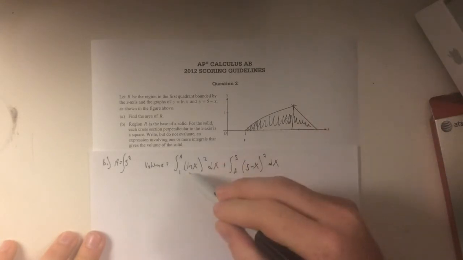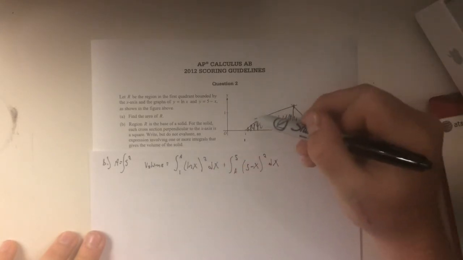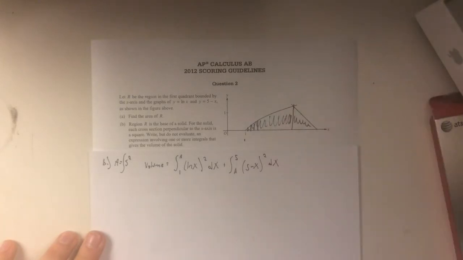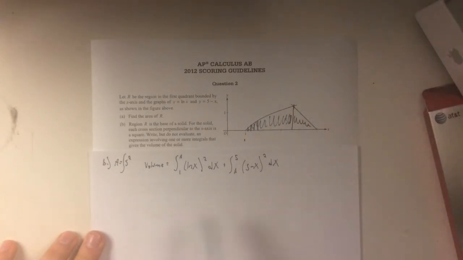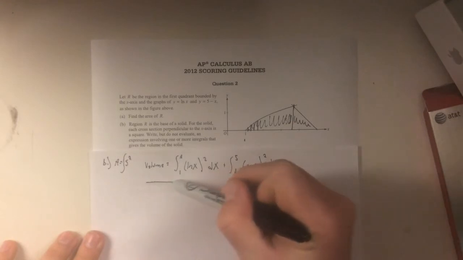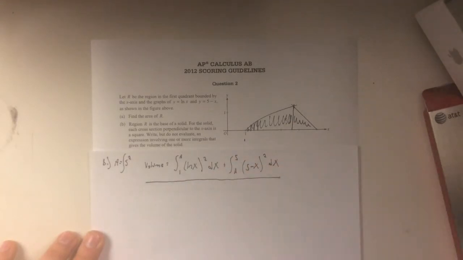Squared because these are acting as a side of our cross section, which is a square. So that's our volume, and we just have to write it, we don't have to evaluate it. So this would be our final answer. Pretty simple.